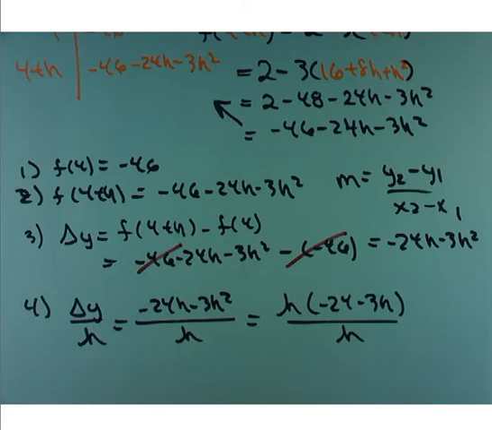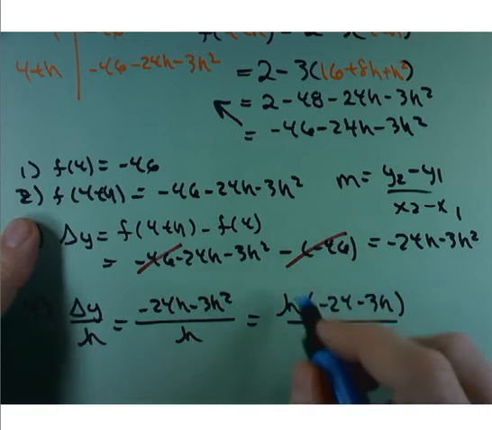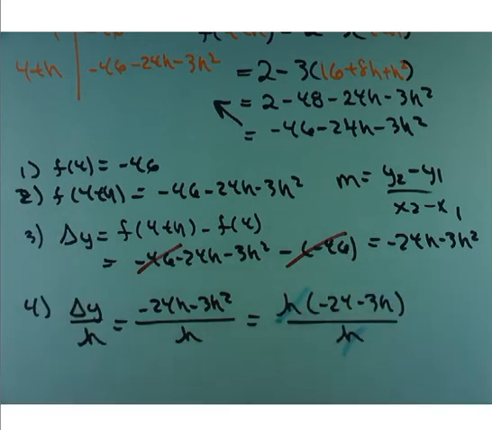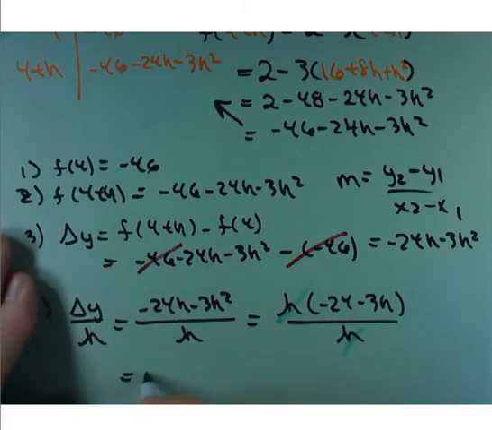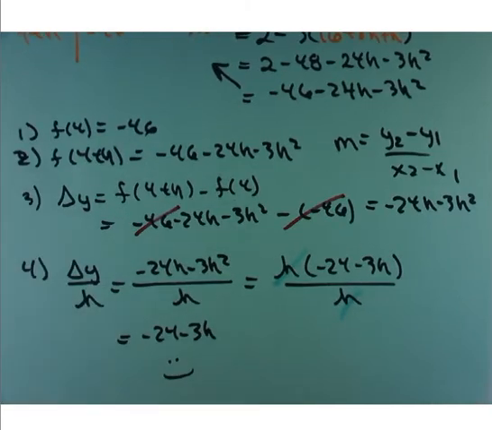Why did I bother to factor out that h from the numerator? So we can cancel out the h in the denominator. Perfect. And it leaves me with my answer, which is negative 24 minus 3h. Nice. Now in calculus, that'd be one more step, but for us, we're done. So we're in good shape there.